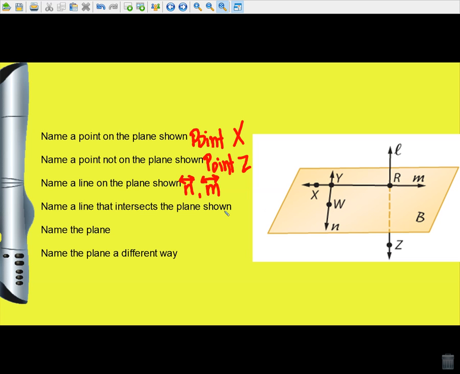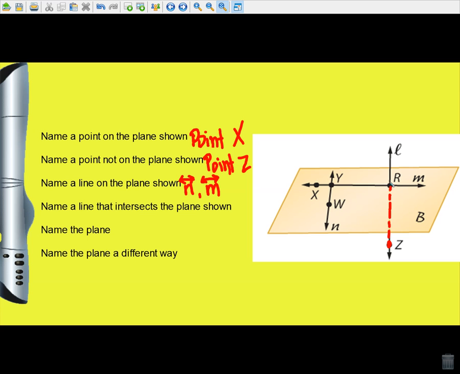Okay. Next one. Name a line that intersects the plane shown. So obviously our parallelogram here is our plane, and it looks like this dotted line right here is telling us that this line goes straight down.